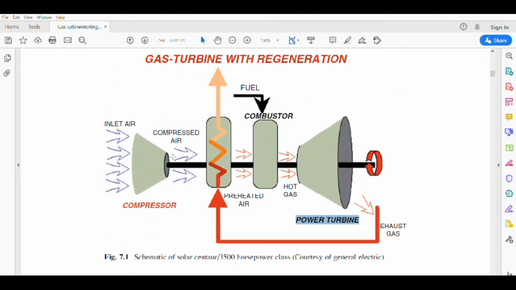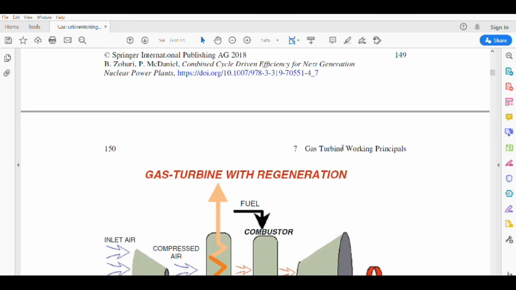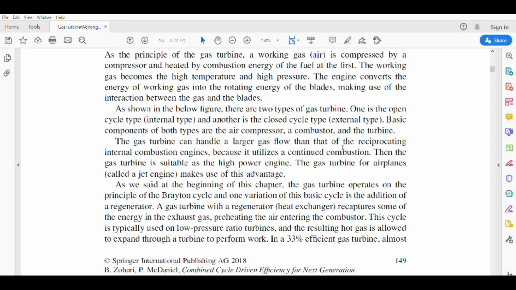Here you can find inlet air compressed by the compressor, which rotates these kinds of blades, and as the output we produce electricity. So the main function is to produce electricity with optimum efficiency. So we all engineers work for efficiency purposes.